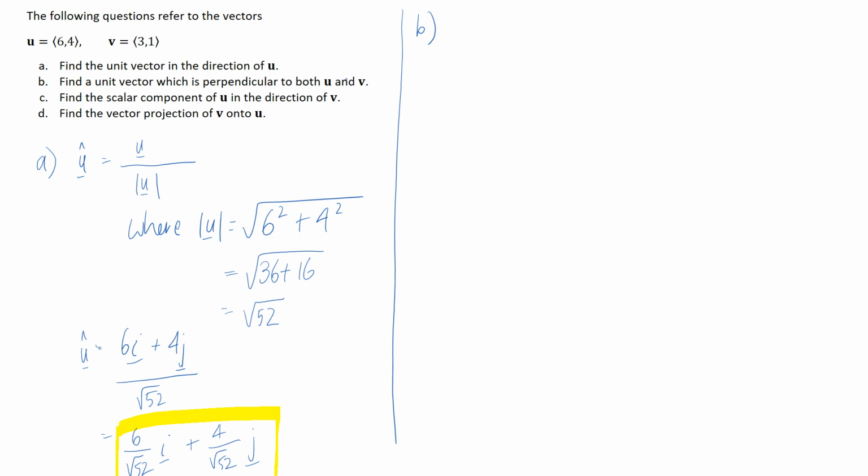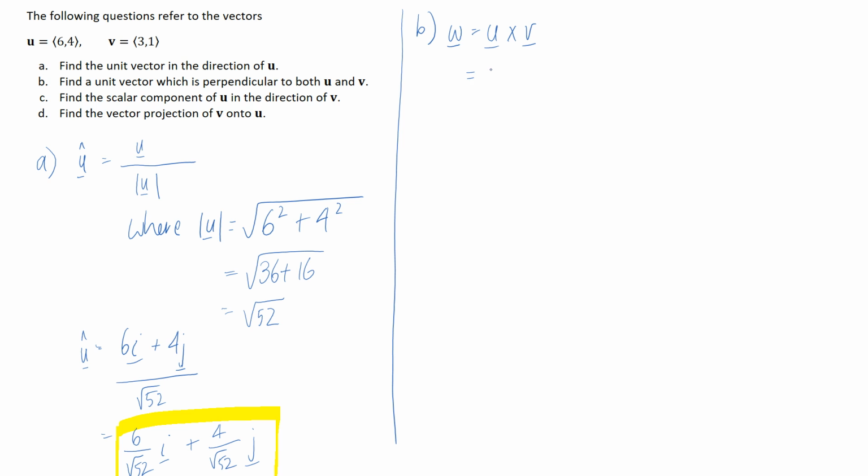Now, the way that we can do that is to apply the cross product, because we know that the cross product is always going to produce a result of a vector perpendicular to whatever you consider inside the cross product. So I'm going to define a new vector w, which is going to be the cross product of u and v. And this should result in a vector which is perpendicular.